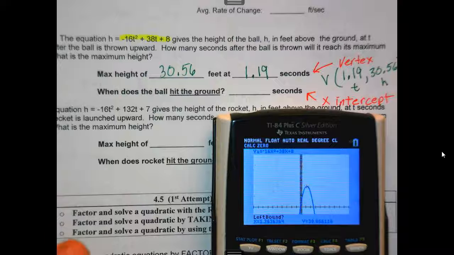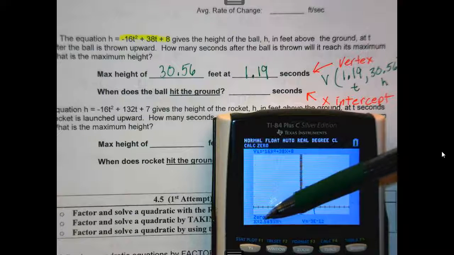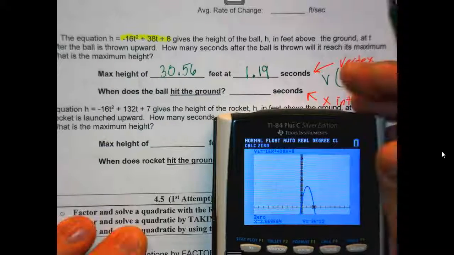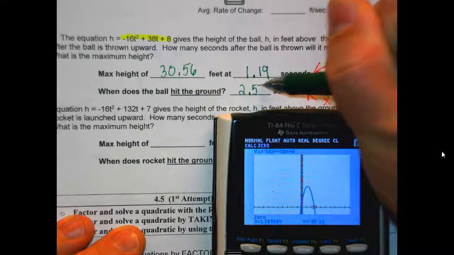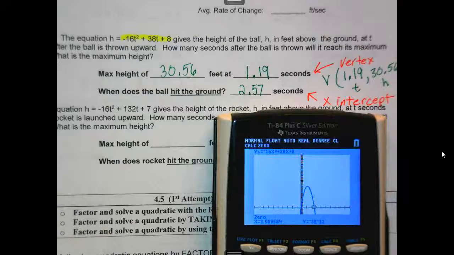But this time I got to do it to this 0 point. So hit enter. If you're above, make sure you're below. If you're below, make sure you're above. Hit enter, and then enter again. And I get 2.57. That's it.